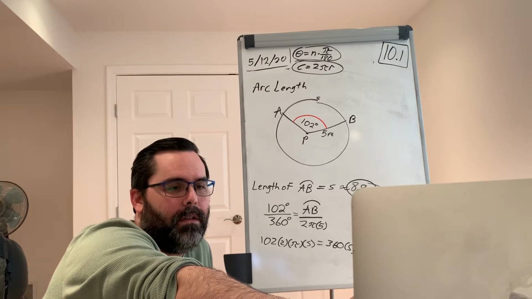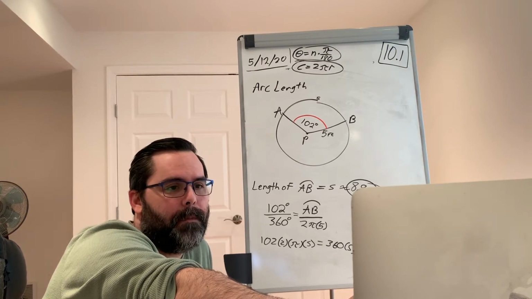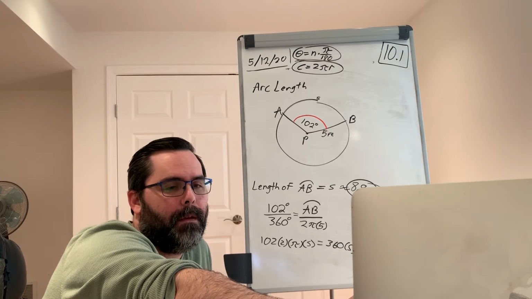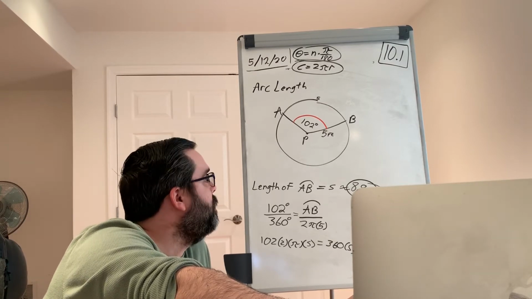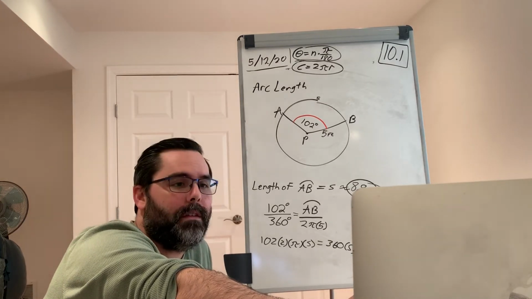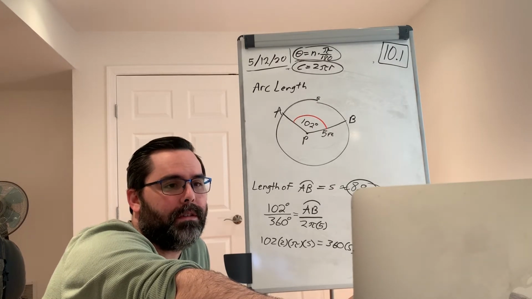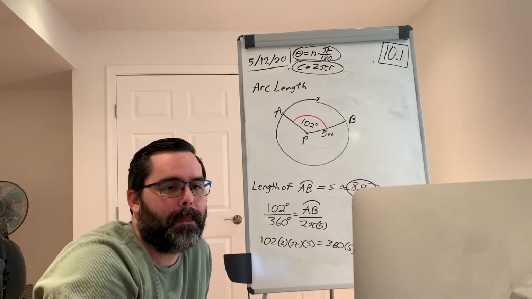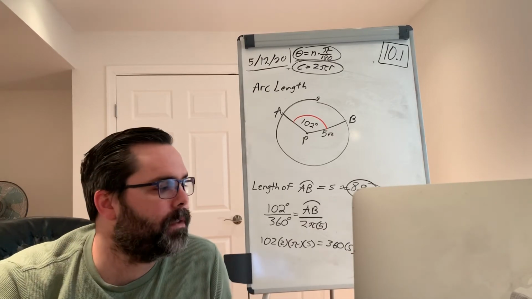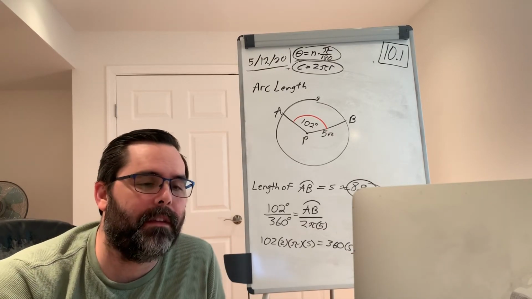Any questions? So if arc AB is 8.9 feet, well, how much is the other part of this? Well, I'd have to find the circumference and then subtract 8.9, and that would give me the rest of it.